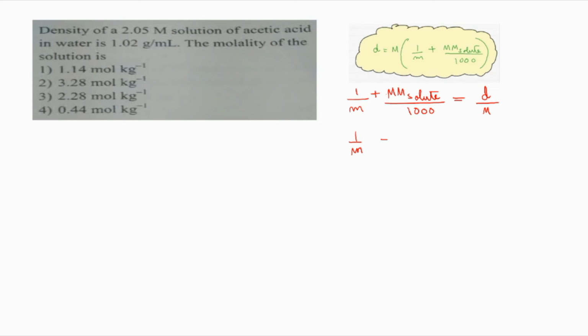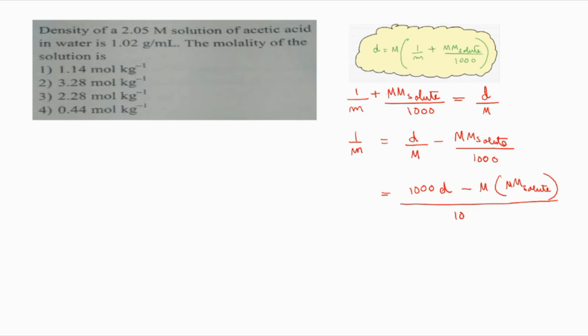If so, 1 divided by molality will be equal to density divided by molarity minus molar mass of the solute divided by 1000. Agreed? Now, this can also be written as 1000 into D minus molarity into molar mass of the solute, the whole divided by 1000 into M. In the denominator, this will be the molarity.